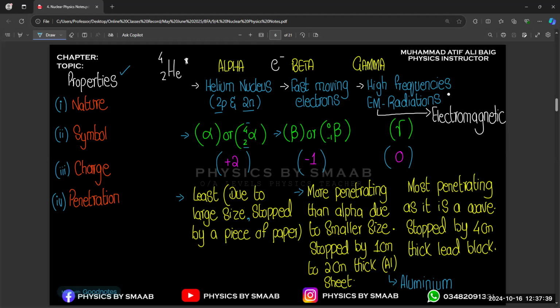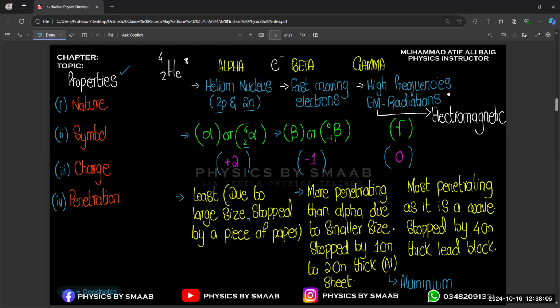And if you want to stop beta, you need a thickness of about 1 or 2 centimeter of aluminium sheet to stop beta, right? So in a question, if they ask, you know that you have to write a few centimeter thickness of aluminium sheet can easily stop beta particles.